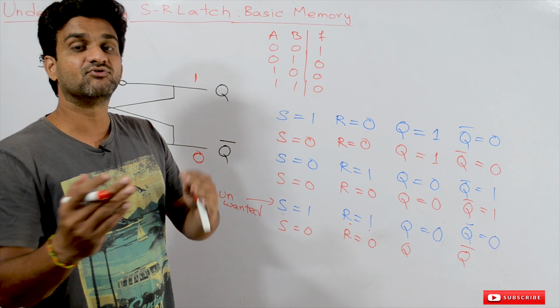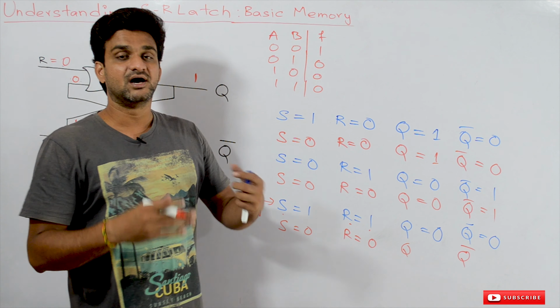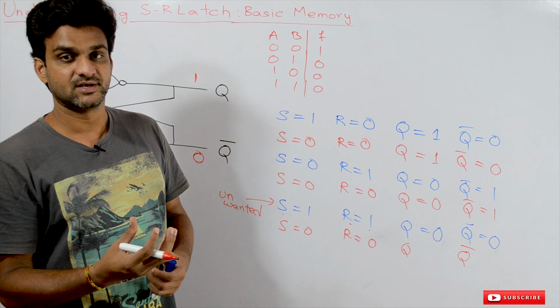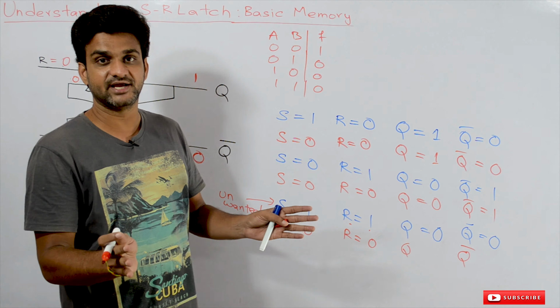Resetting means, if you want to reset a phone, everything will become 0, right? All your contacts will get deleted, so the phone is now fresh. In the same way, whenever the value of R is 1, the circuit is getting reset, which means the memory will be stored with 0.